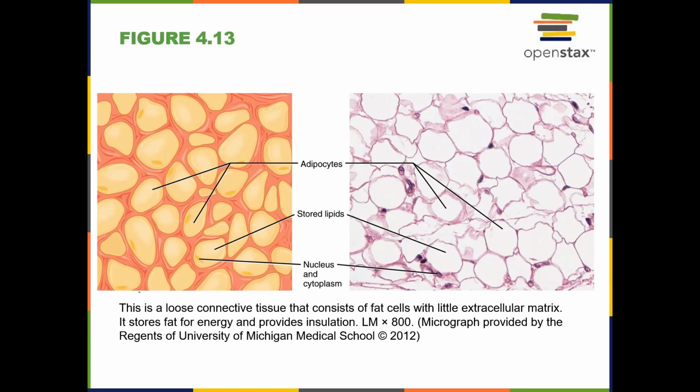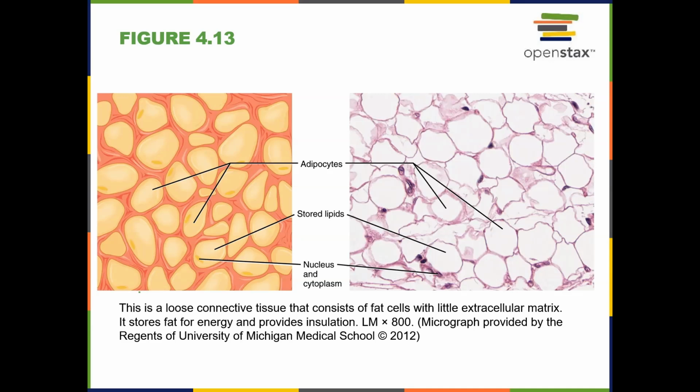Adipose tissue is important as a storage of energy, as a fuel reserve, as fat storage. It also functions for insulation to help contain heat within the body, and as cushioning. Adipose tissue is found under the skin in a layer deep to the dermis, known as the hypodermis, or subcutaneous adipose tissue.